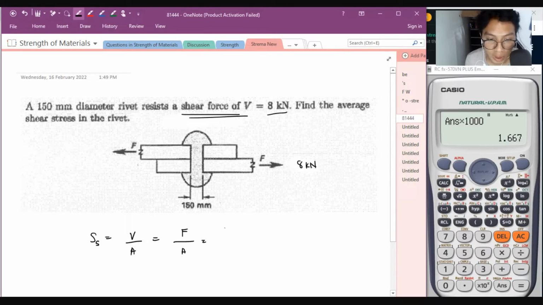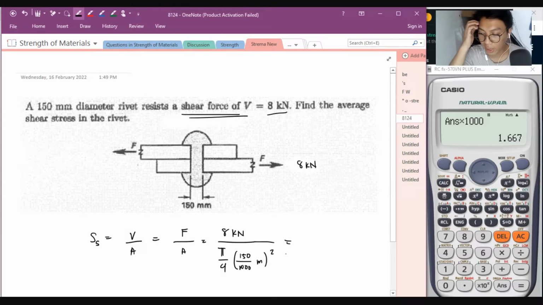Yung force mo dyan, 8 kilonewtons, divided by pi over 4, tapos multiply mo ng 150. Wag ng millimeter, gawin ko ng meter to. So, 150 divided by 1,000 meters squared. Yan. So, kPa ang lalabas dyan.